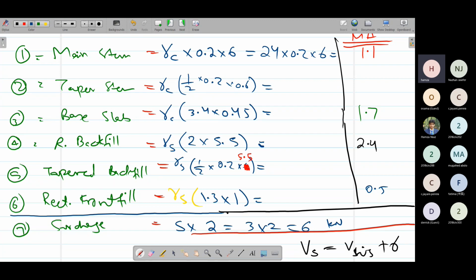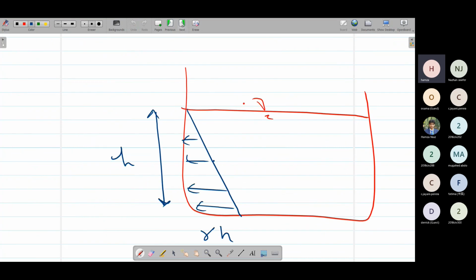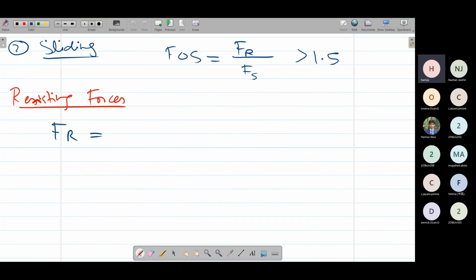So the sum of forces, we are going to multiply with the coefficient of friction alpha. So alpha times V without surcharge. Simply whatever the sum of the forces was without surcharge, multiplied with the alpha coefficient of friction between the soil and sand. So alpha is 0.45. We have to memorize this value, or maybe it would be given.